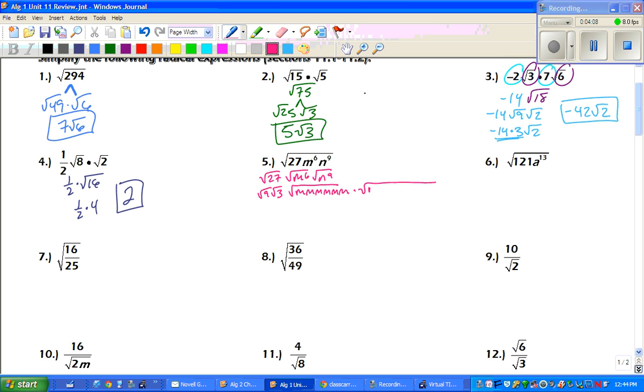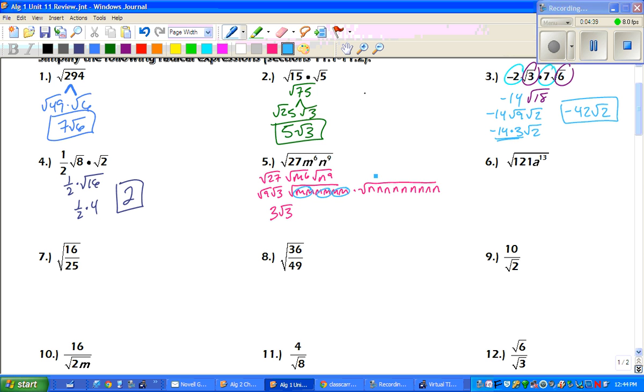And then over here, let's actually make those look like tens. 2, 3, 4, 5, 6, 7, 8, 9. Okay? So, the square root of 9 is 3 root 3. I'm going to write this a little smaller, sorry. So 3 root 3. And we're looking for groups of 6, or groups of 2.